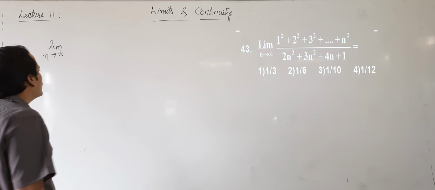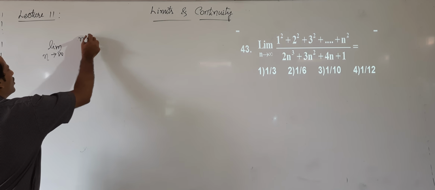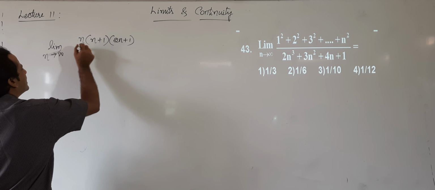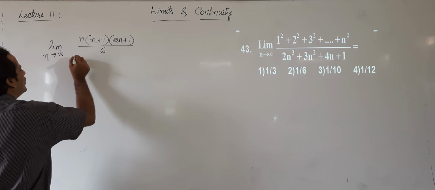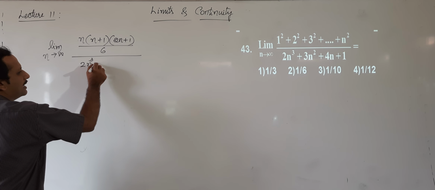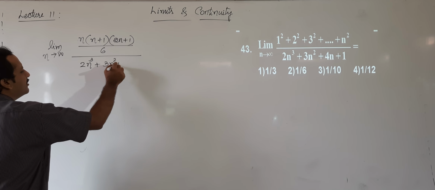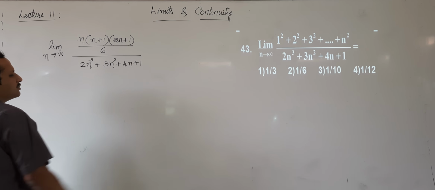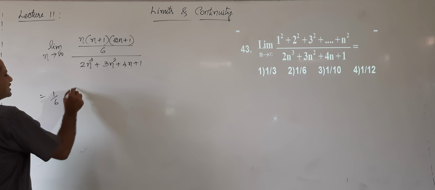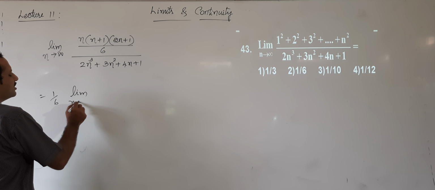Sigma n square, you know the formula, n into n plus 1 into 2n plus 1 divided by 6, divided by 2n cube plus 3n square plus 4n plus 1. So 1 by 6 I will take it outside. 1 by 6 into limit n tends to infinity.